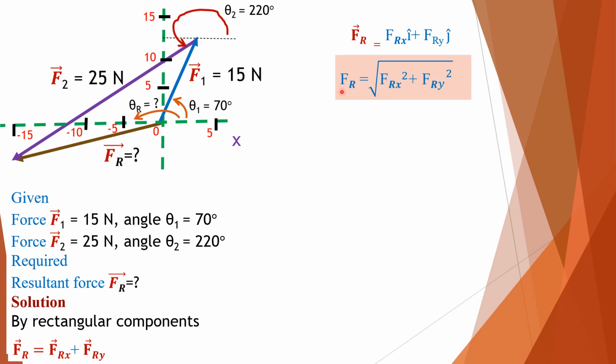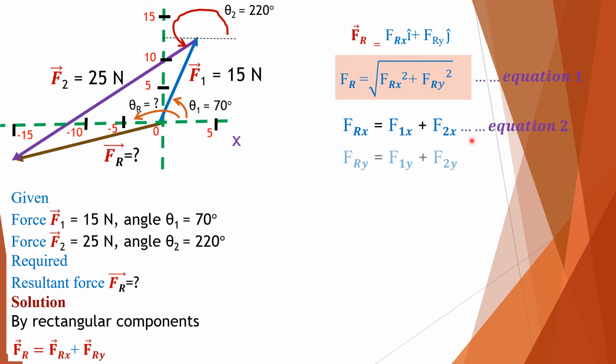Fry can be written as magnitude of vector Fry into unit vector j cap along y-axis. We know that magnitude of vector can be written as vector Fr, that is resultant vector force, is equals to square root Frx square plus Fry square. Let's say it equation number 1. Resultant force Frx in magnitude form is equals to F1x plus F2x.